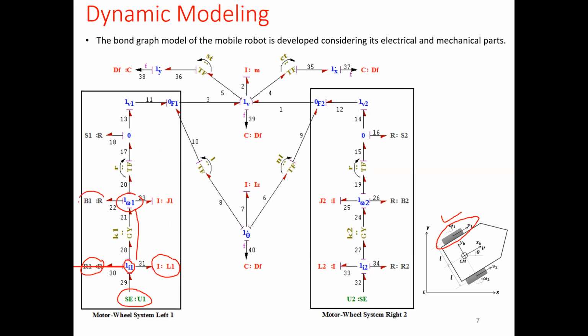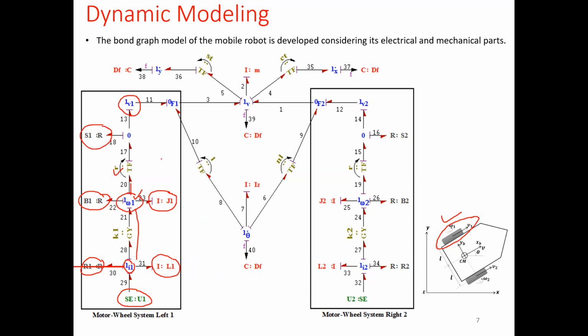Some energy will be lost in the viscous friction and in the rotary inertia of the wheel, and the remaining energy goes further. Here we have angular velocity omega; if I multiply it with r, I get r omega. But this r omega will not be equal to the velocity v1 if there is some slip. So this is the energy lost in wheel slip.